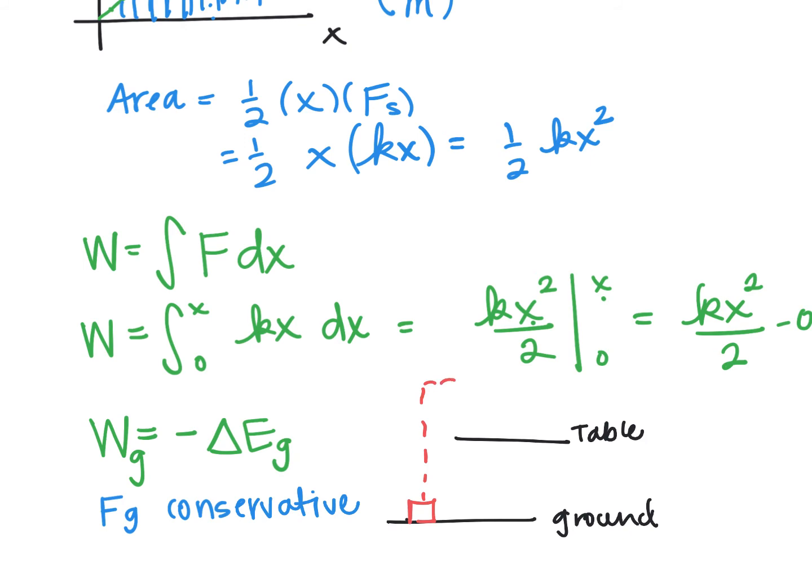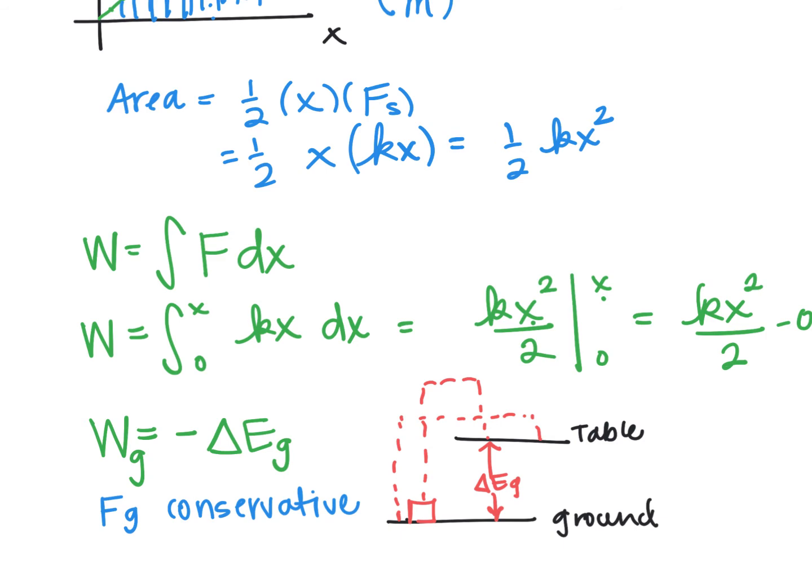We could take this path here, or we could take this path here, and it does not matter which path we take. The net work done by the gravitational force will be the same, and our change in gravitational energy will be the same, because the energy only depends on the change in position here.